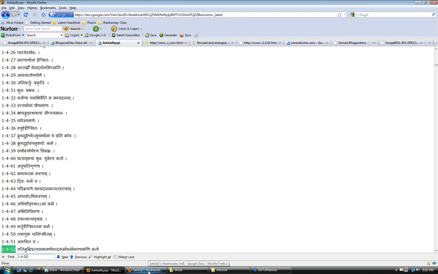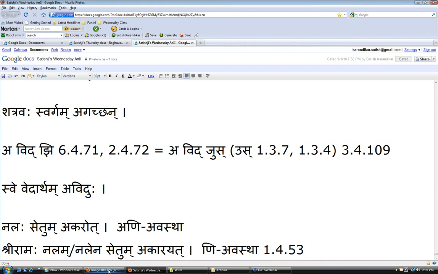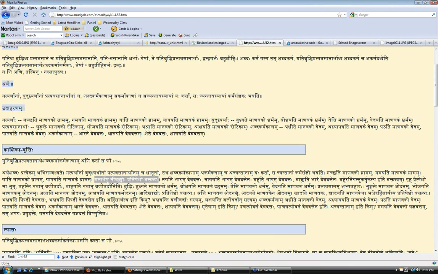So akarmaka is what he's taking in the book first. Akarmakanam is going to come down here in the Kashika. Let's see, vakshayati. Here it is.